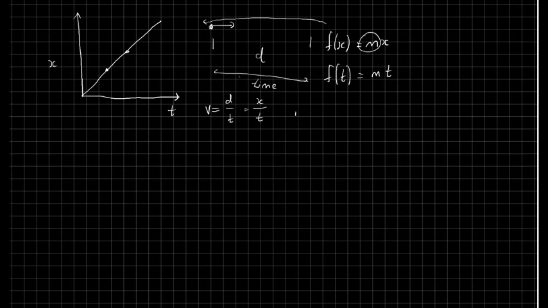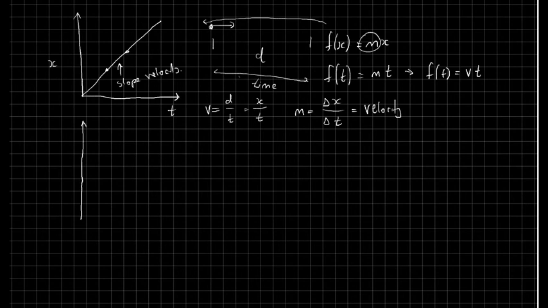If we want to calculate m, we would take the change in x divided by the change in t over any 2 points, and that's actually the velocity. So this equation is actually f of t equals v times t. We find that the slope of this line is the velocity, which is really quite cool.